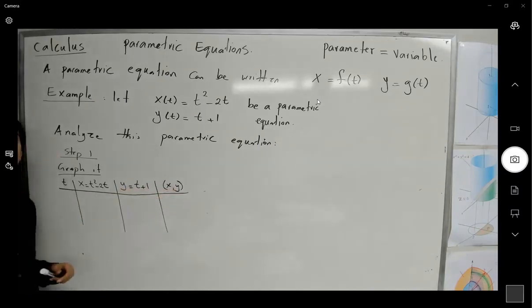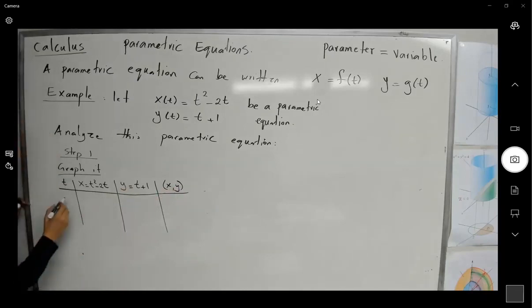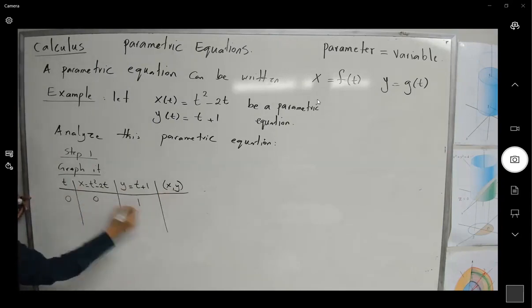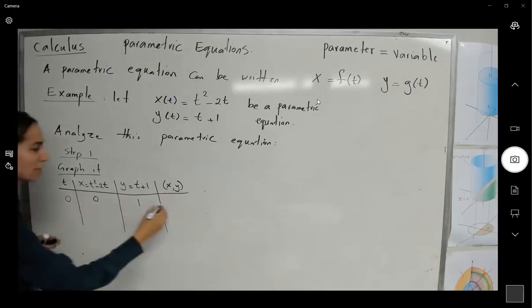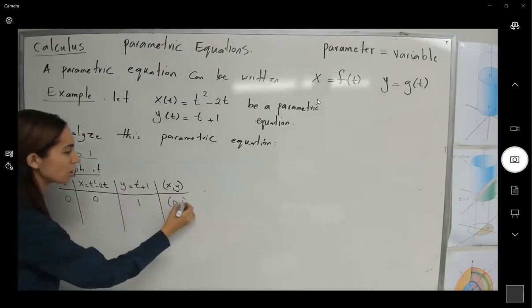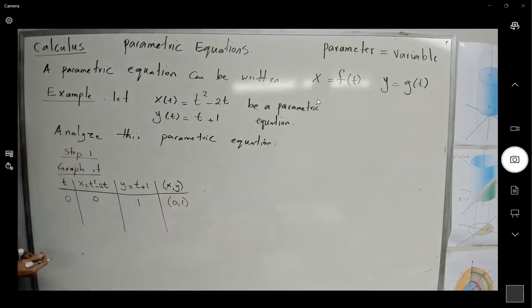Okay, let us plug in t equal to 0. If t as a parameter is 0, x is 0, y is 1. So at time, at angle, you name it, any parameter, the position is 0 and 1.